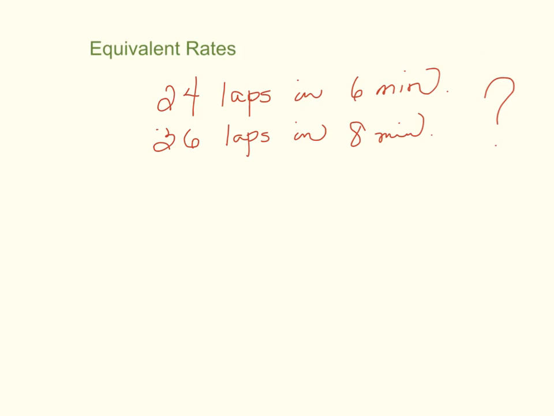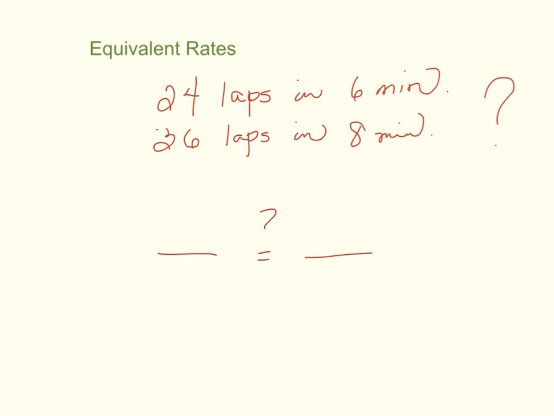Okay, the next thing we're going to look at is whether rates are equivalent. So this time we're going to look at running a lap around a track and time. So is 24 laps in 6 minutes the same as 36 laps in 8 minutes? So we're going to set it up just like we did before, but this time we don't have a missing number.